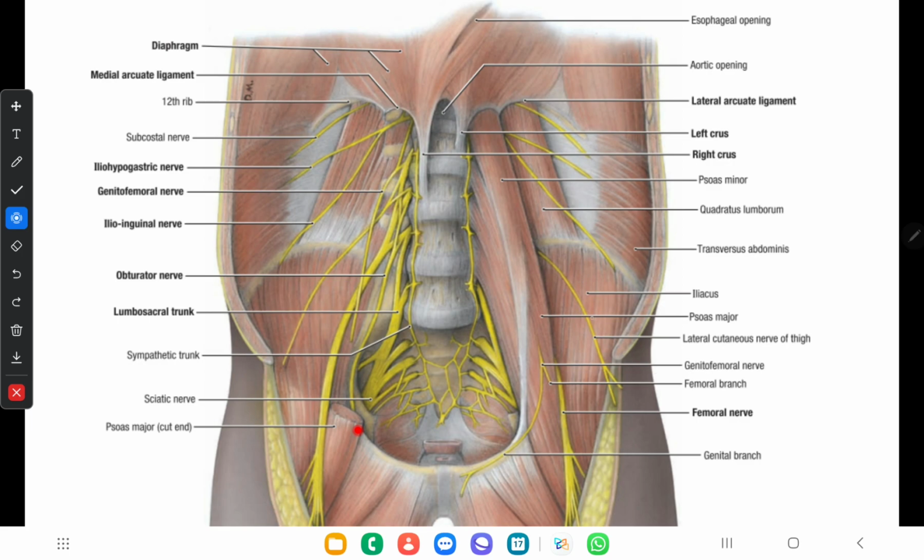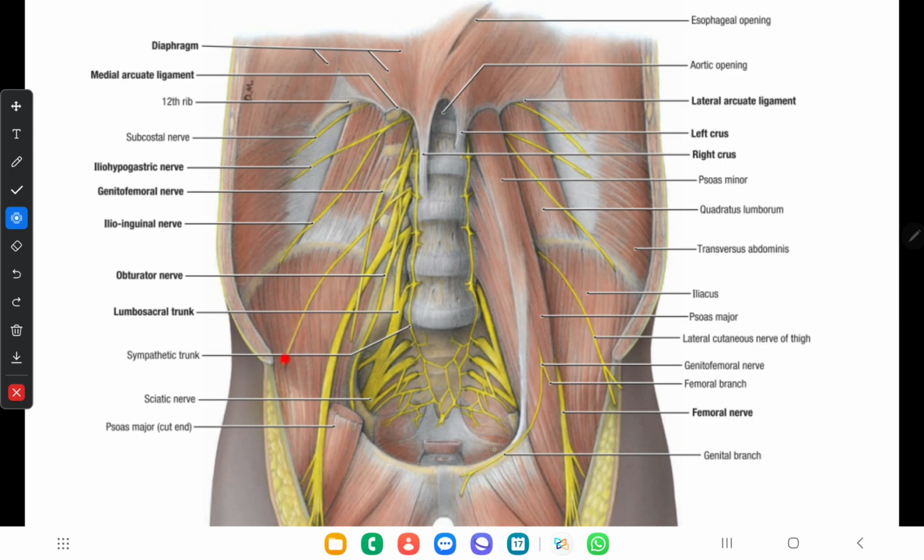Then you have the lateral cutaneous nerve of the thigh. Here, this one is the lateral cutaneous nerve of the thigh. You can see the nerve goes downwards and enters into the superficial fascia of the thigh. The nerve crosses the iliac fossa in front of the iliacus muscle and enters into the thigh behind the lateral end of the inguinal ligament.